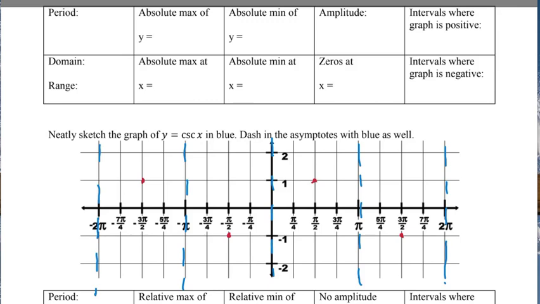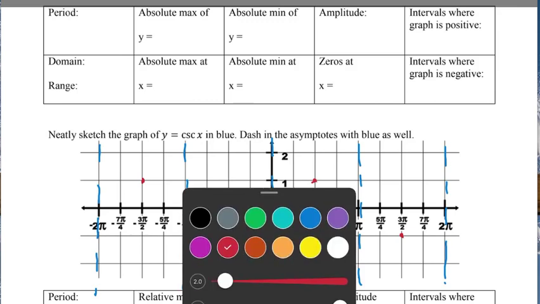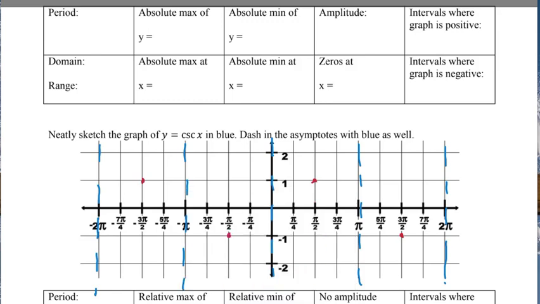So we're going to use this to help guide us as we graph our cosecant graph. Because it is the reciprocal, it will share the point where the value is 1. But instead of sine curving towards the x-axis, the reciprocal is going to go the opposite direction.